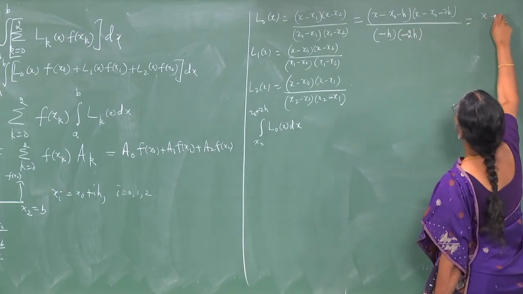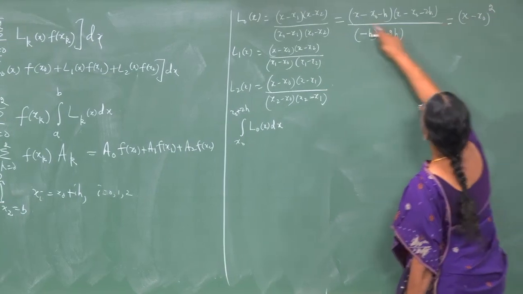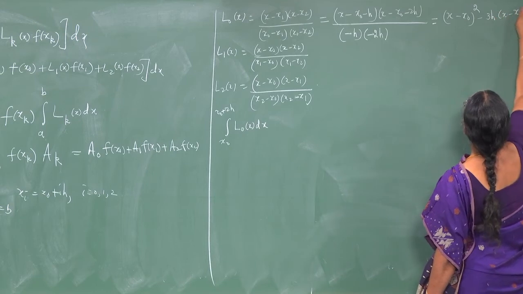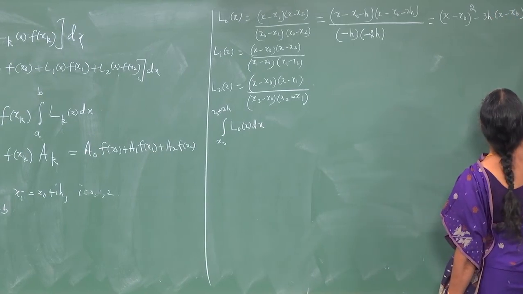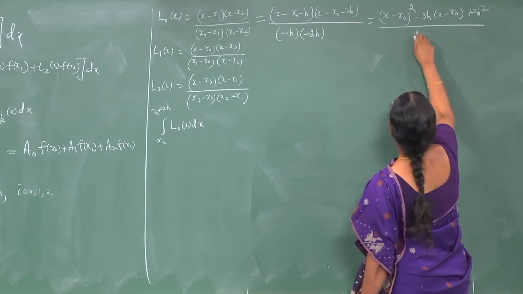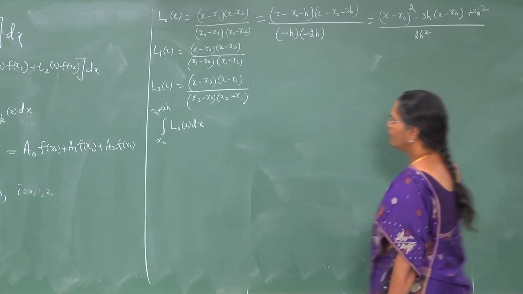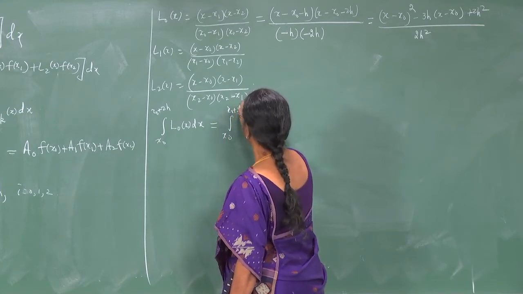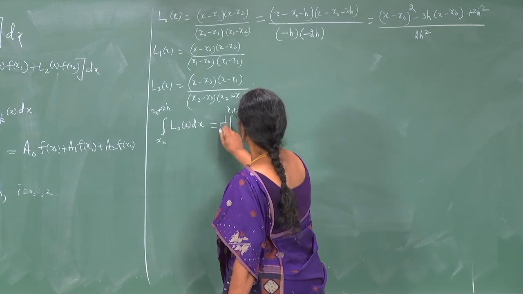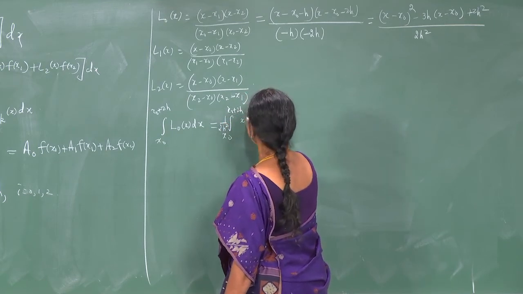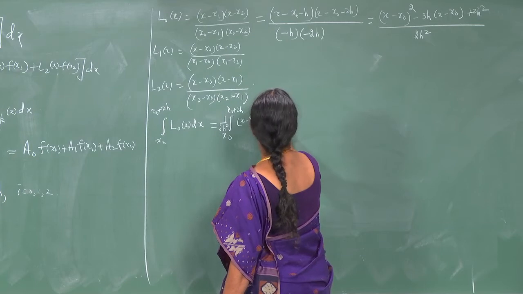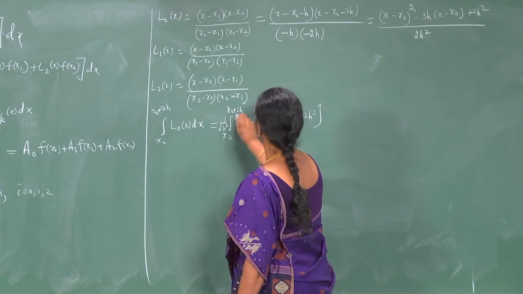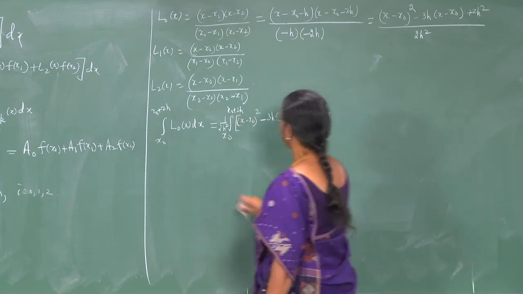So, I have x minus x0 the whole squared, minus 3h into x minus x0, plus 2h squared, divided by 2h squared, integrated with respect to x.